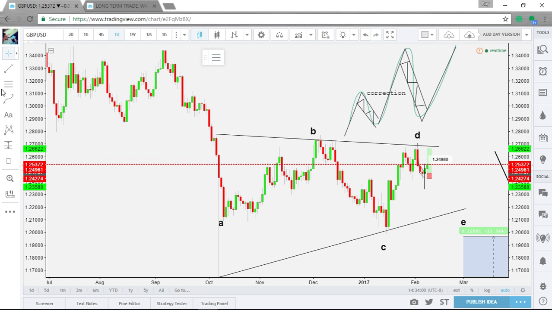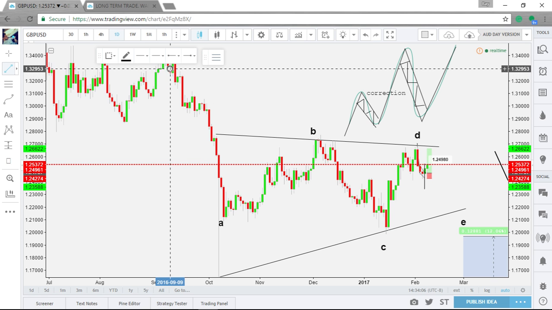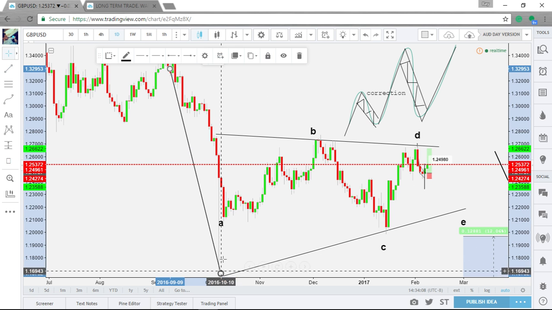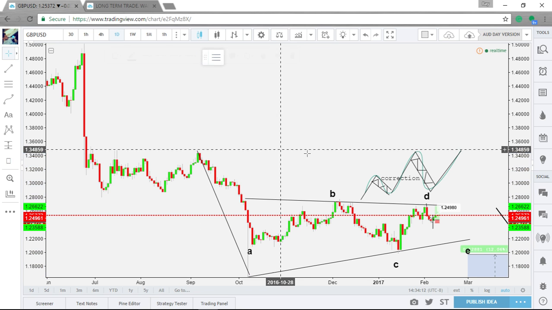So I'm going to show you what it looks like. Here's what it looks like. This is what we call our impulse leg right here. That's our impulse leg right there.